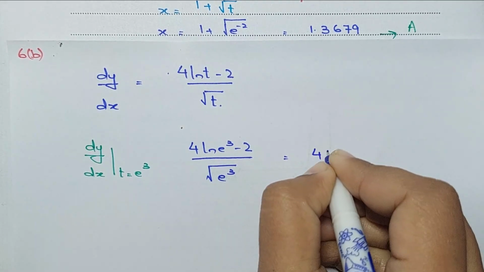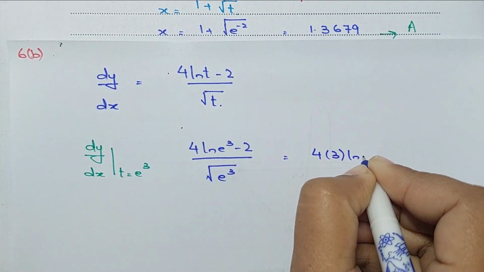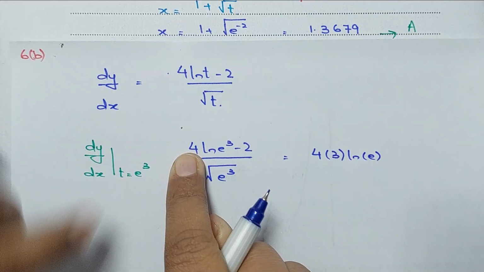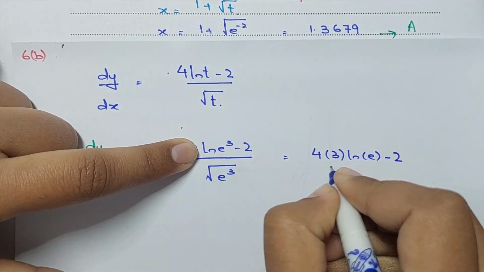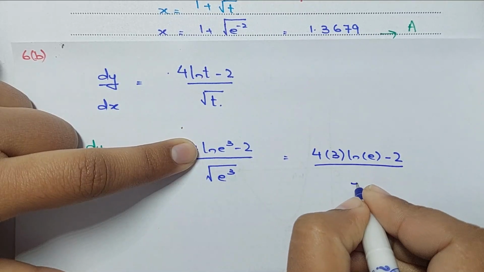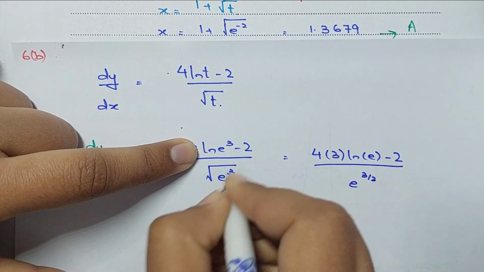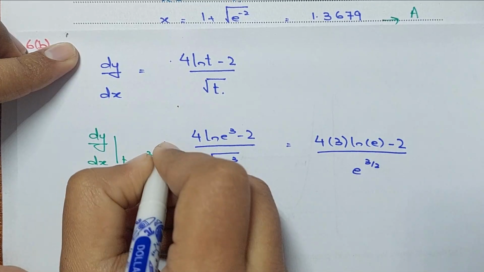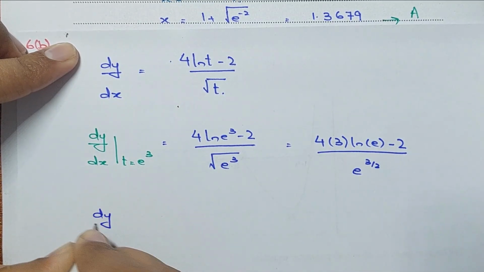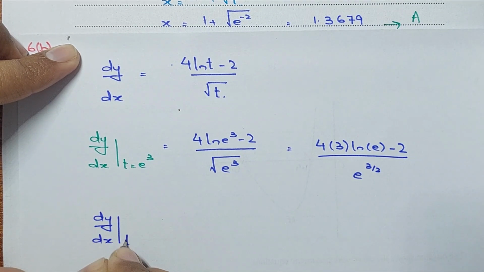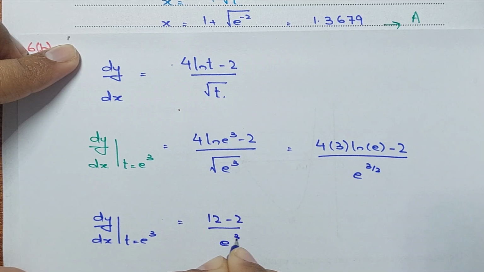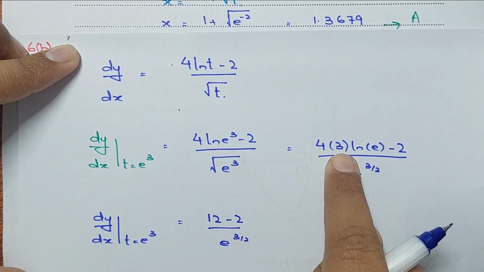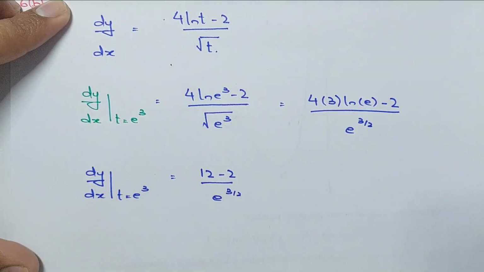And this is 4. We have 3 and natural log of e. 4 is as it is. The power comes before natural log: 3 natural log of e, minus 2, divided by e to the power 3 by 2, because this whole power is 1 by 2, right? So dy over dx at t equals e cubed is 12 minus 2 over e to the power 3 by 2, because natural log of e is 1, 3 times 4 is 12, and then minus 2.